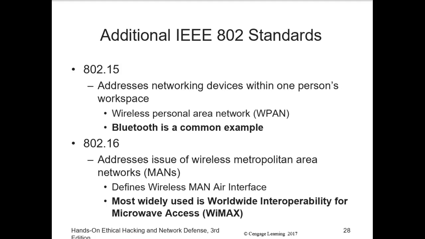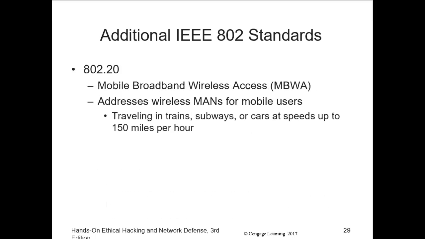Another MAN standard, right, the Metropolitan Area Network, with a goal similar to mobile WiMAX, is called the Mobile Broadband Wireless Access, MBWA, right? If you want to know more, you can visit the IEEE website and research new and exciting projects that are being added to in IEEE, okay?